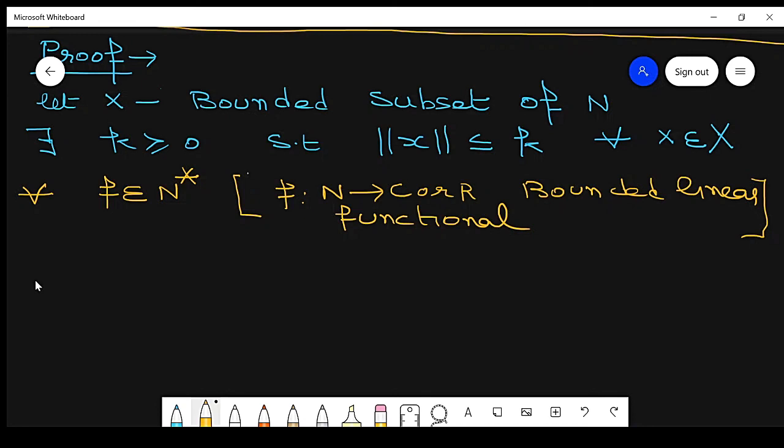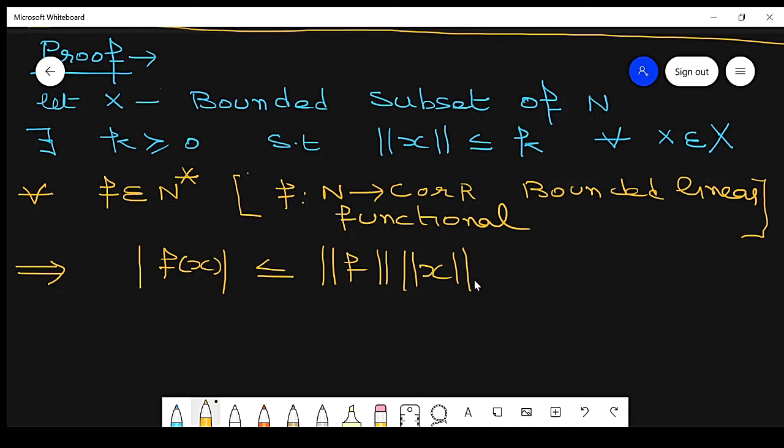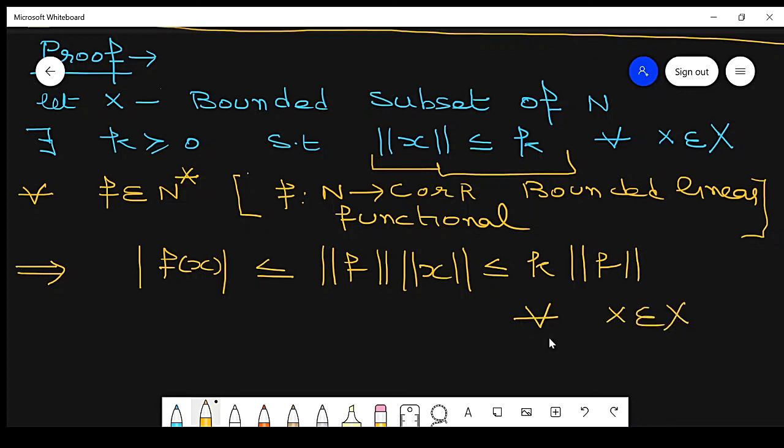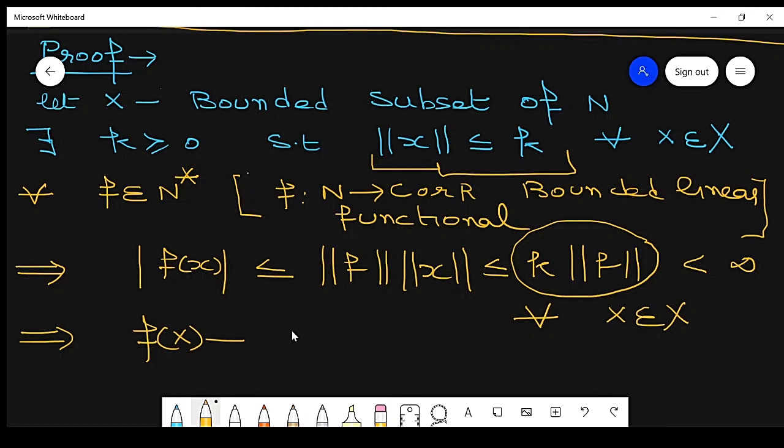For every f belongs to N star, since it is a bounded linear functional, |f of x| is less than or equal to norm of f times norm of x, which is less than or equal to k times norm of f for every x belongs to capital X. This is less than infinity, so we can say that f of X is a bounded set.